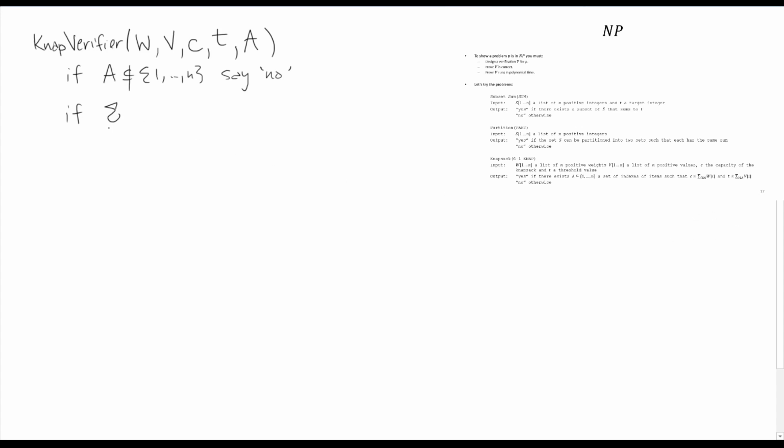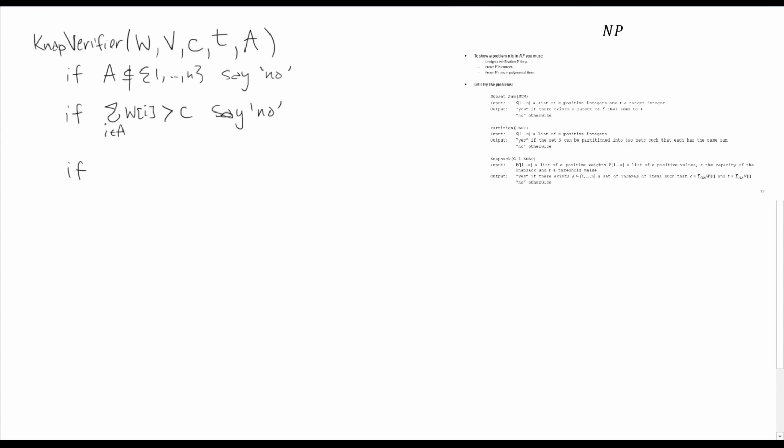The way we're going to write this sum is over the indexes in A, we're going to take the weights and sum them all up, and they should fit into our knapsack, which means less than or equal to C. Of course, they should fit in our knapsack. But here we're testing for things that would violate that condition, so I got that wrong. So let's instead say, if they're greater than C, that means they don't fit in our knapsack. We should say no.